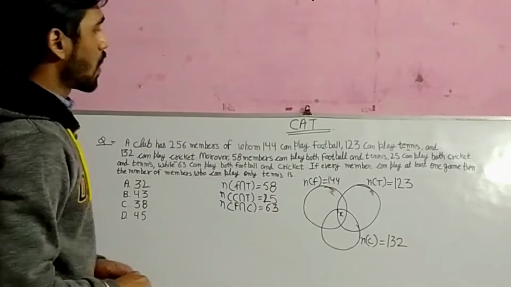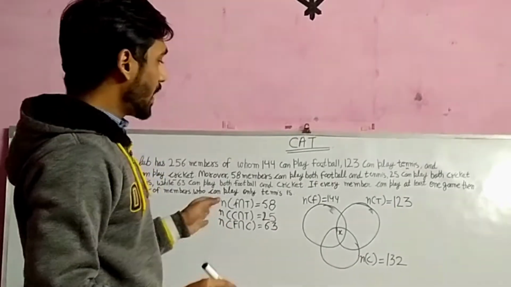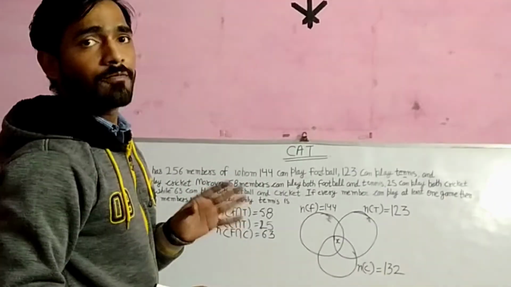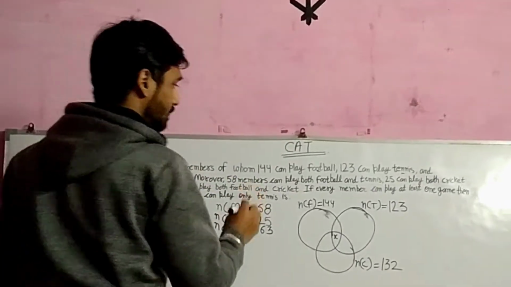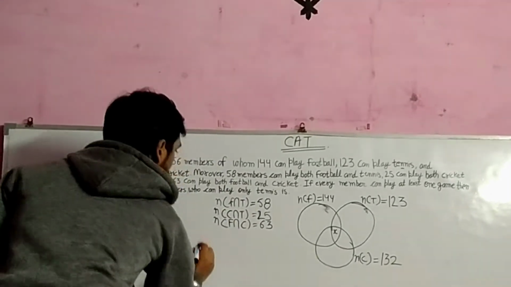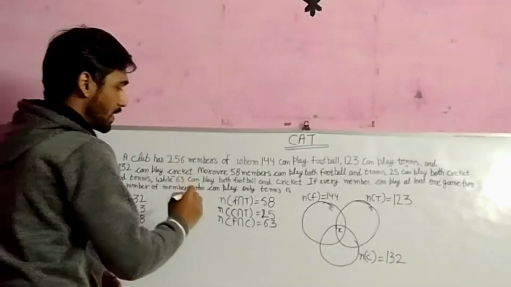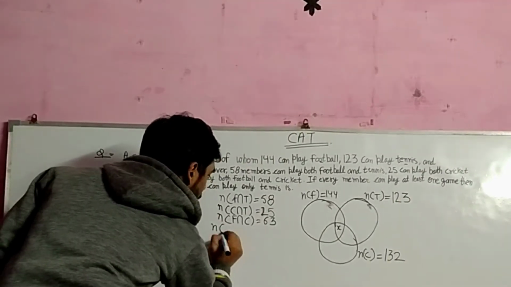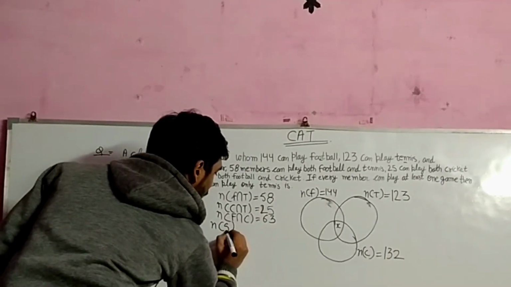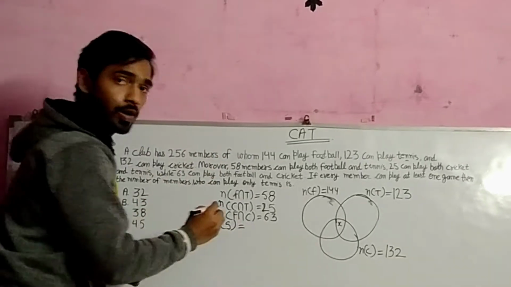After this, the next step is to know the formula of sets. We are also given the total number of members, n(S) equal to 256.